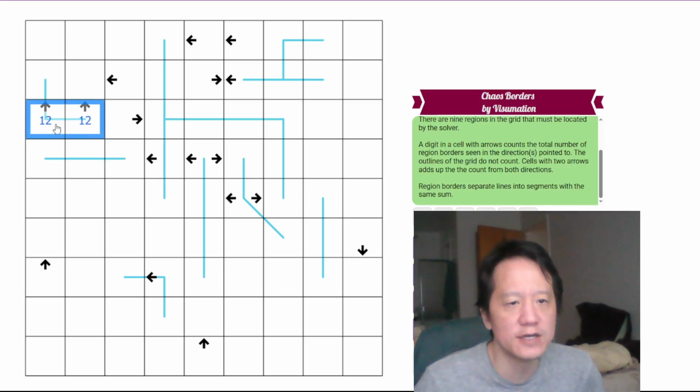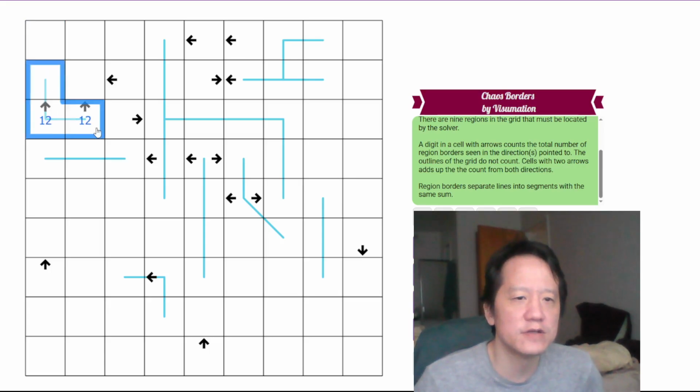That would mean this has to be the same region, right? For this, well, you could have one here, and this is a full region by itself. What you do know is that this cannot have a region border here. So one of these is 1, and one of these is 2.